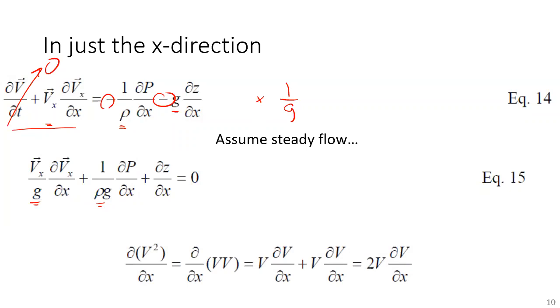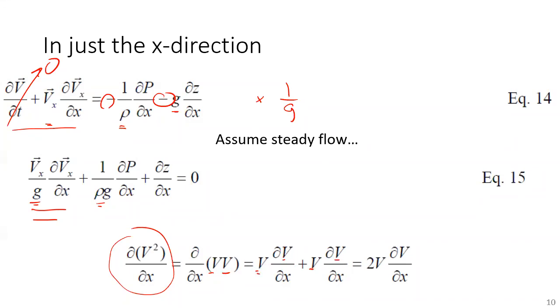I want to look at the leftmost term, the convective acceleration term. And bear with me. You know that the derivative of a product is the derivative of the first times the second plus the second times the derivative of the first. So the derivative of v squared is the derivative of a product, v times v. Happens to be the same number, but it's a product. So this is the first times the derivative of the second, and the second times the derivative of the first.